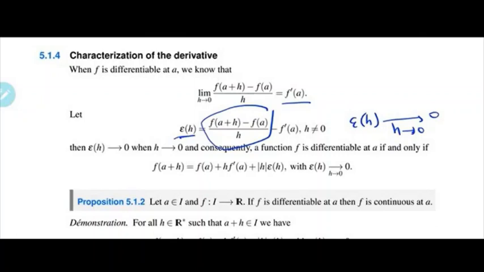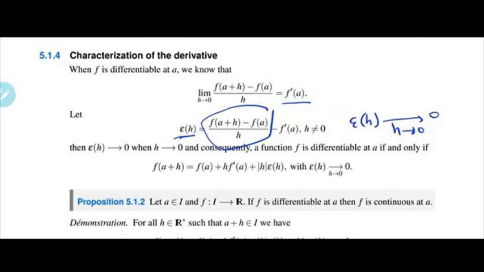So epsilon of h will get closer to 0 when h tends to 0. And consequently, we say that a function f is differentiable at a if f(a+h) = f(a) + h f prime of a + absolute value of h times epsilon of h.